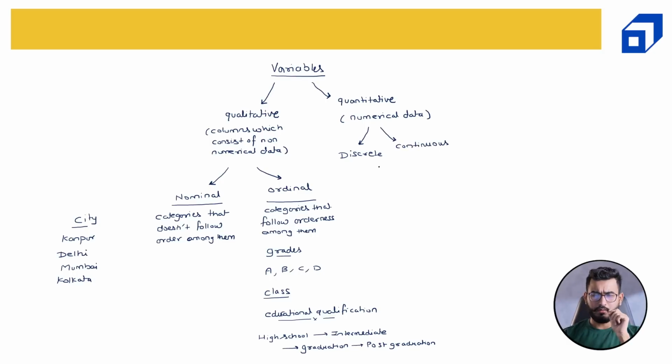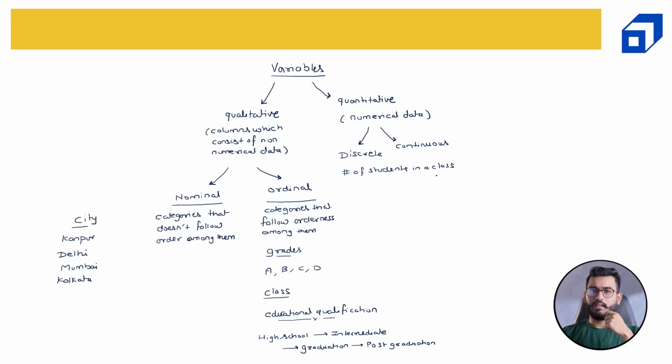continuous. When we talk about discrete, these are those quantitative variables whose values cannot take decimal values, or that can only take integer or natural numbers. For example, number of students in a class.